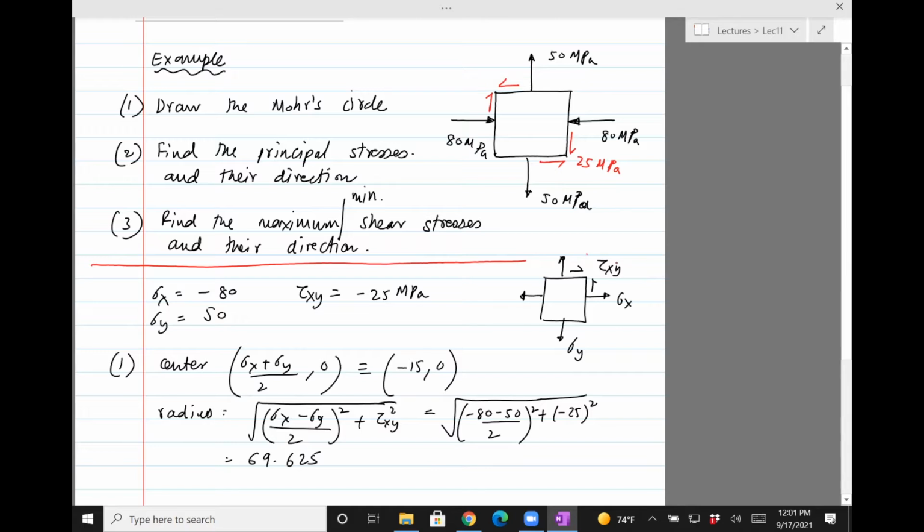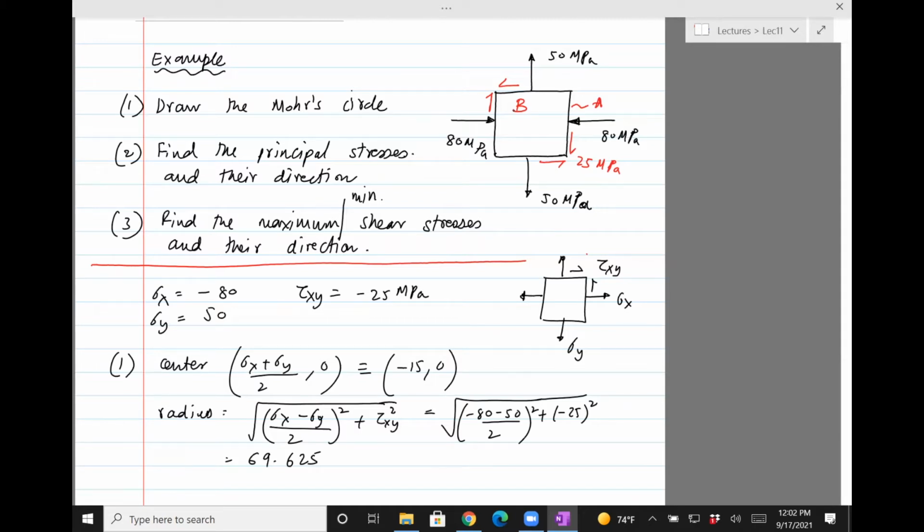And then the normal stress in the y direction is tension, so it's 50 with a positive sign. And then the shear stress, the way we look at it is if it leads to a clockwise rotation at face A. What is face A? This is face A. Then we would put a negative sign, and that's why I put a negative 25 MPa.